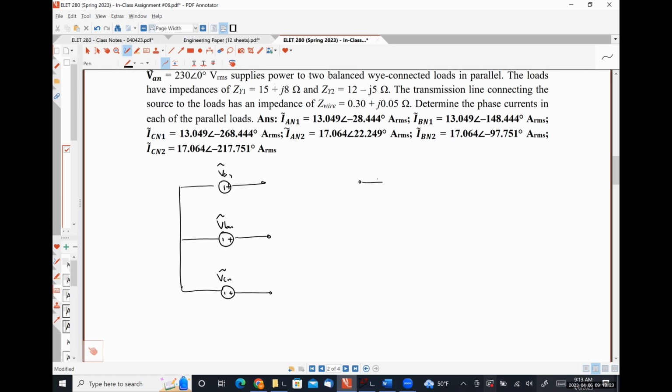I have two loads in parallel. So I need to draw that box better. ZY1 in parallel with ZY2.